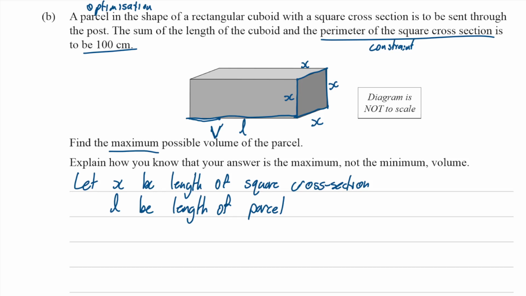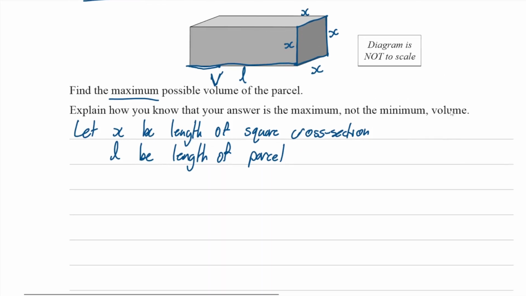So firstly, I will write an equation for volume in terms of everything that we have. So volume for a cuboid would be length times width times height. In this case, length is L, width is x, and height is also x.